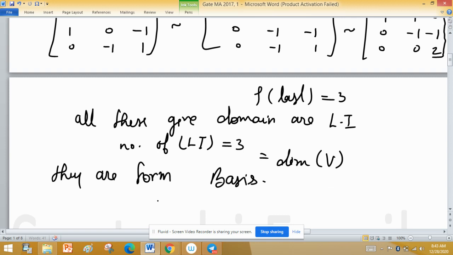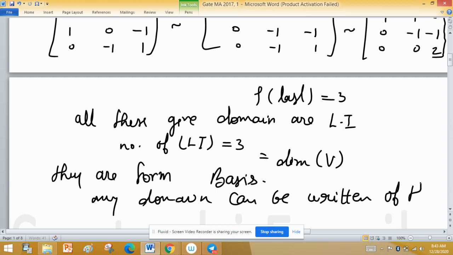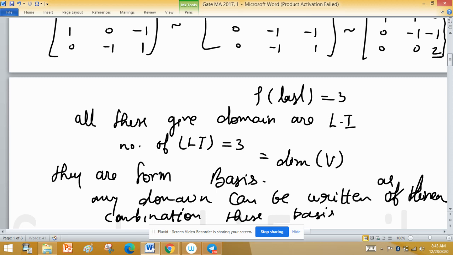These are basis elements, and any domain point can be written as a linear combination of these basis elements.